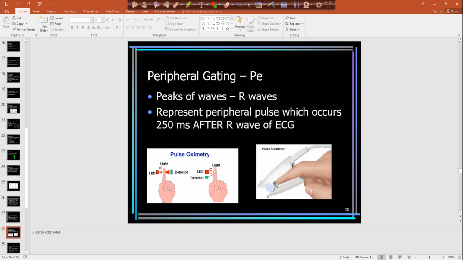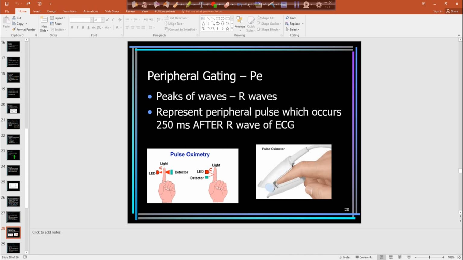So this is what our pulse ox looks like. Remember, you have to have an MRI safe pulse ox, because the pulse oxes from the floor are not MRI safe and could possibly burn the patient. Remember that image I showed you from MRI safety where they had a pulse ox on a child's toe and it burned the child's toe? Same thing.